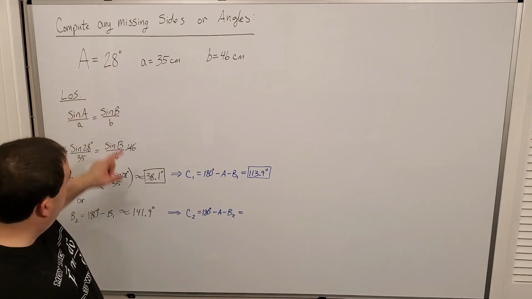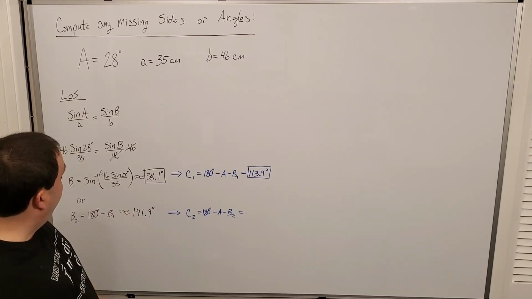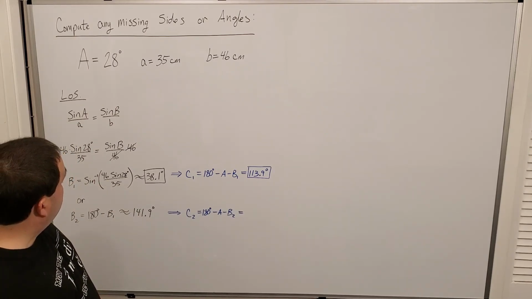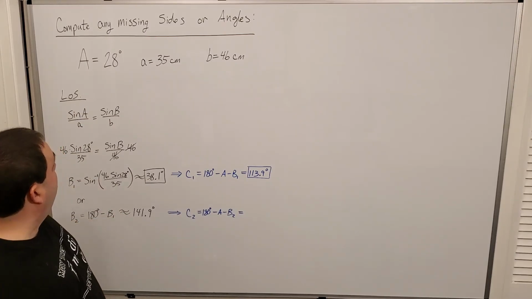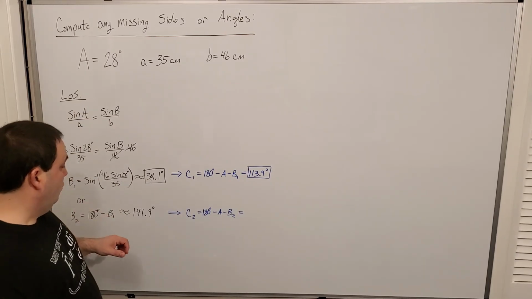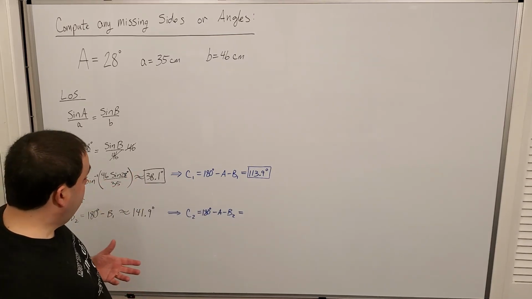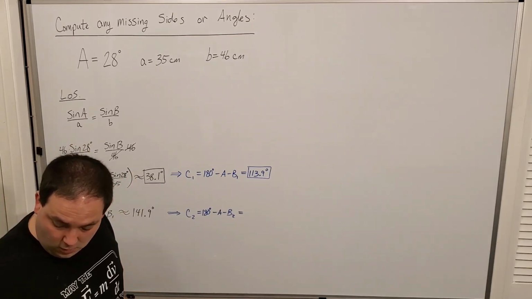Right? So 28 plus 41 is 69. So that's 169.9, which isn't bigger than 180. So we know it's going to work. Okay?